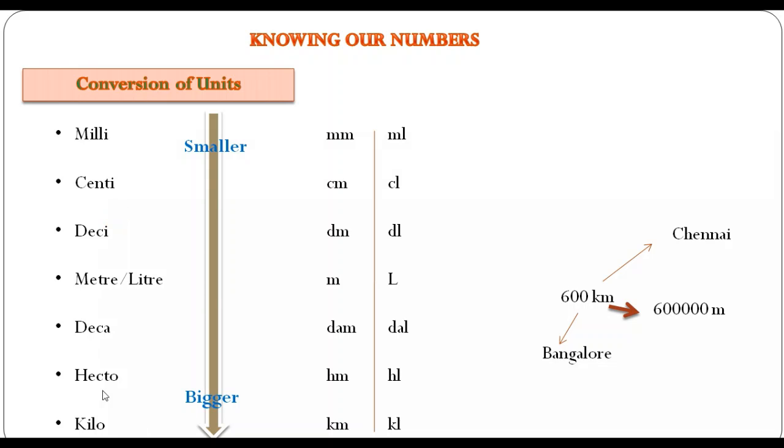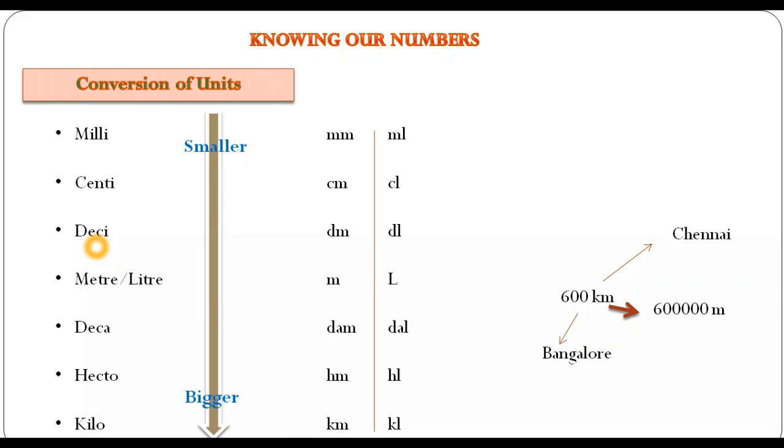If you remember the order, you will be very easily able to convert from one unit to another, because that is our final agenda, that if I have to convert some amount from kilometer to meter, how do I do that? Or if I have to convert something from milliliter to kiloliter, how do I do that? So in order to do this conversion easily, it is very important that you remember this sequence: milli, centi, decimeter, deca, hecto, kilo. So how do I remember this?